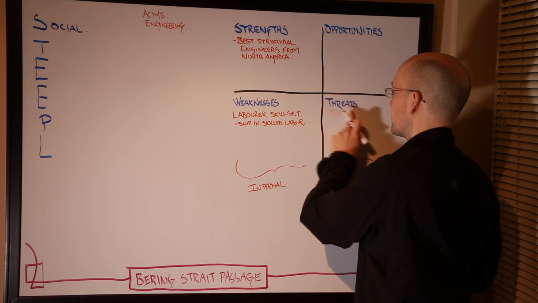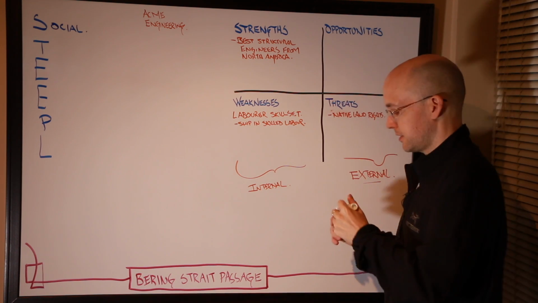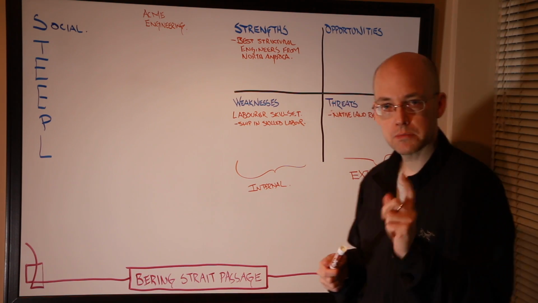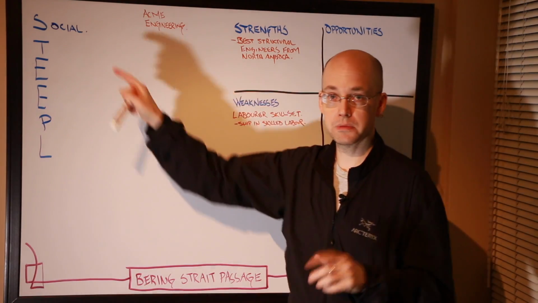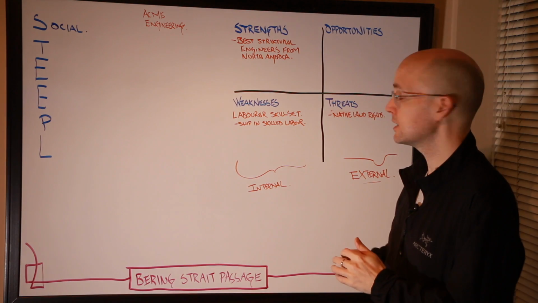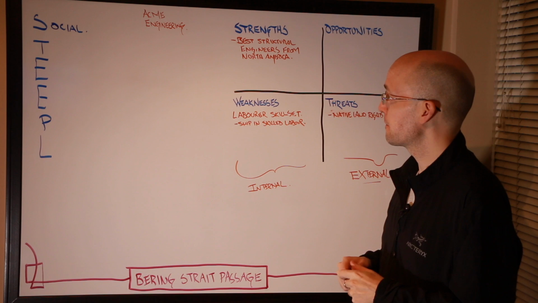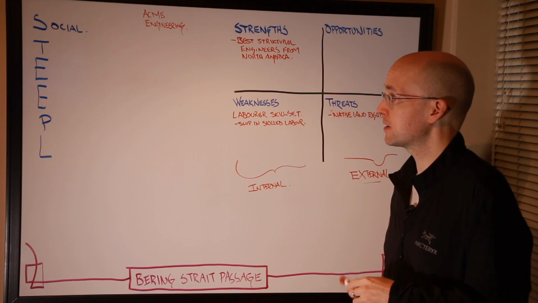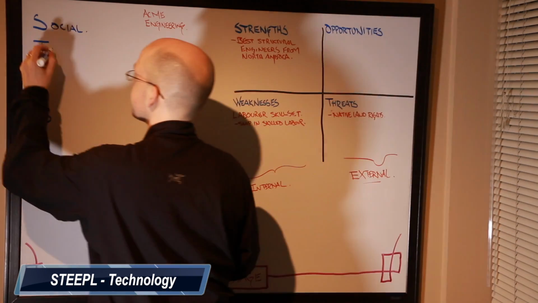I'm going to mark this as native land, I'm going to call it native land rights, so I am jumping ahead a bit. I'm going to mark that as being a social thing, but that also falls into a legal framework that we may have to discuss. So let's move on to the next part of our STEEPL analysis, and this is technology.